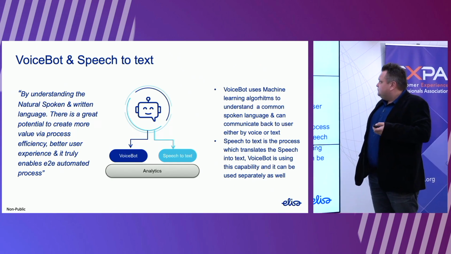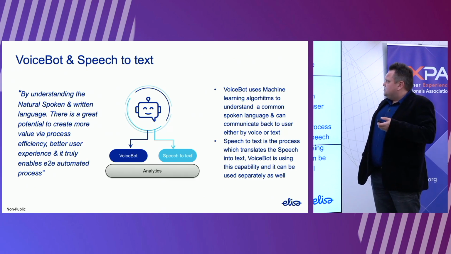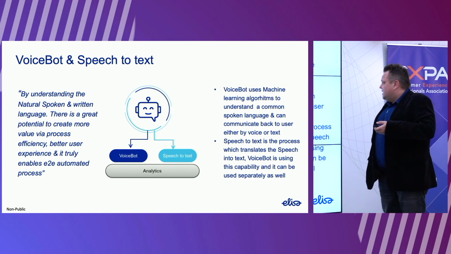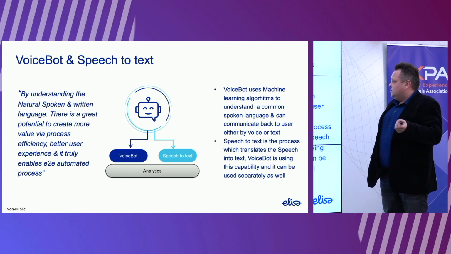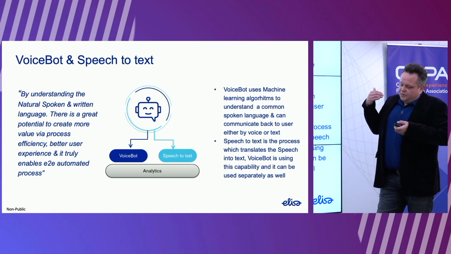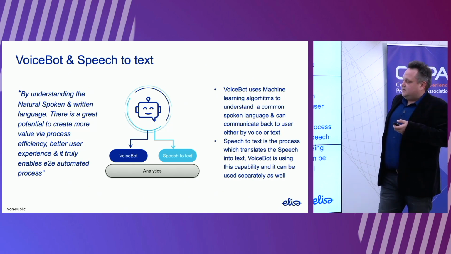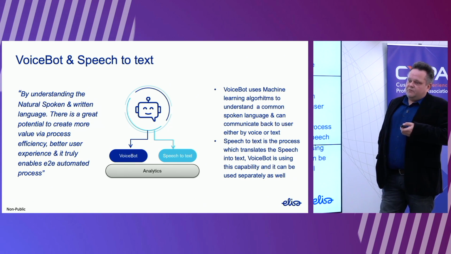automated processes. So what's the difference between voice bots and speech to text, and what is analytics all about here? Well, a voice bot uses machine learning algorithms to understand common spoken language and can communicate back to the user either by voice or text. And speech to text is the technology or process which creates the actual text, because as I said earlier, we always process written language.